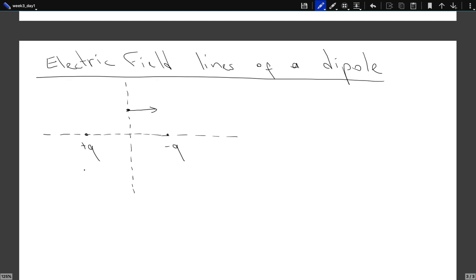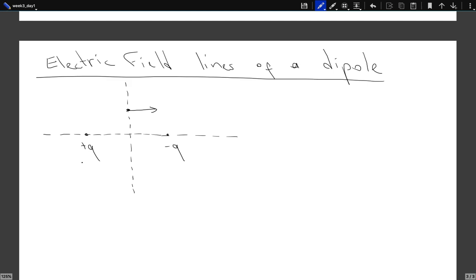Now, if we are very close to, let's say, the plus q charge, somewhere over here, remember, the electric field will be the constant 1 over 4 pi epsilon 0 multiplied by q divided by the distance squared. If the distance is very small, then the electric field magnitude is huge.